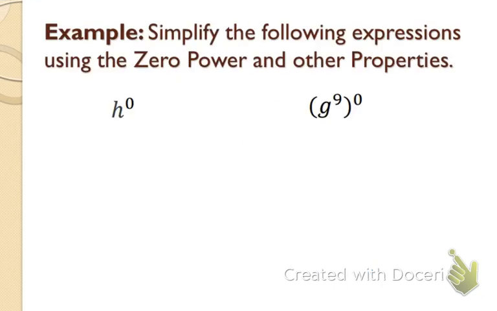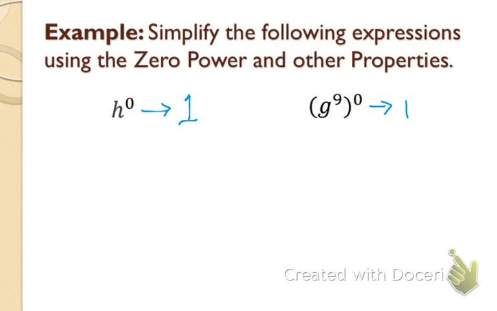So we're going to apply that. Simplify the following expressions using the 0 power and other properties. So, h to the power of 0. Nothing we can do there. The answer is 1. Simple. By definition, anything to the 0 power is just 1. Exactly what I said. Anything to the 0 power is just 1.